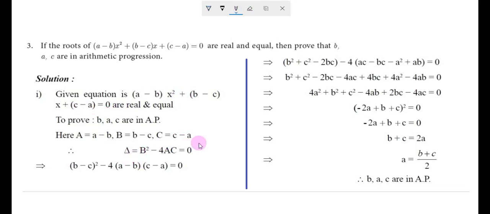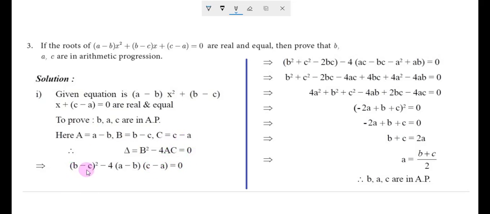So del equal to 0, B square minus 4AC equal to 0. Why is this 0? Because the roots are real and equal, its nature is given already, so we take del value equal to 0. Now B square, B value is b minus c, so (b minus c) the whole square minus 4 times A value (a minus b) into C value (c minus a) equal to 0.